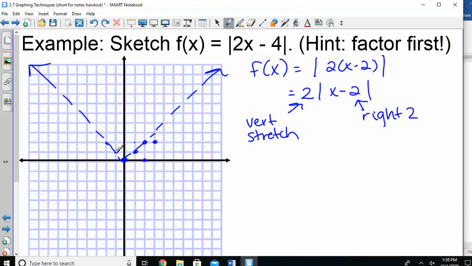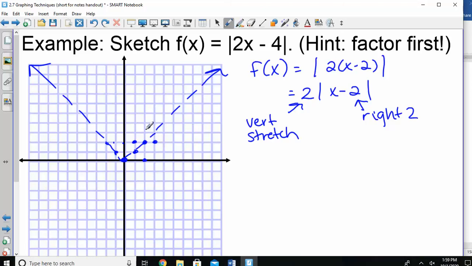So if I have negative 1, 1, my y value here is 1. 1 times 2 is 2, and then move it right 2. Okay, there's my 3 points, that's enough, but let's do a couple more just to make sure you guys understand. If I took this one, that's at 2, 2.